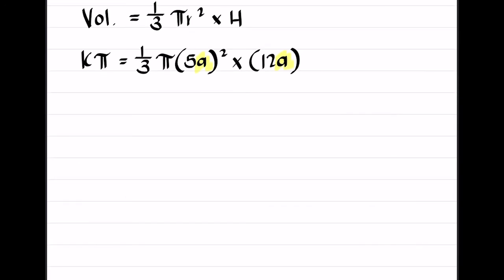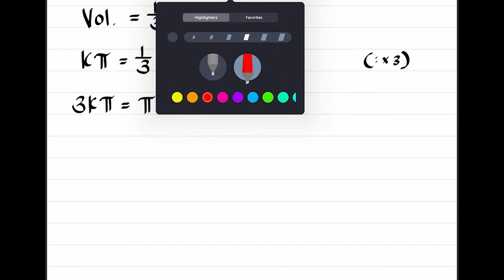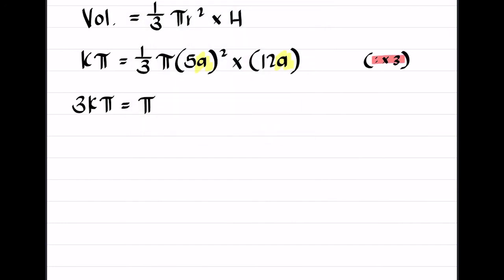Alright, so we're going to start by getting rid of that third. To get rid of the third, I'm going to either divide both sides by 1/3 or multiply both sides by 3. So k pi times 3 is 3k pi, equal to pi, because by multiplying by 3, I've cancelled out this third.